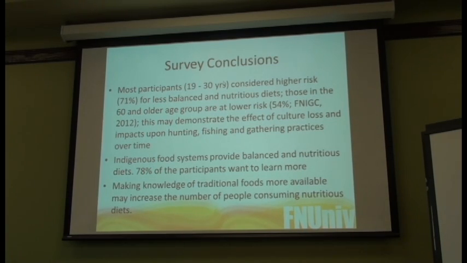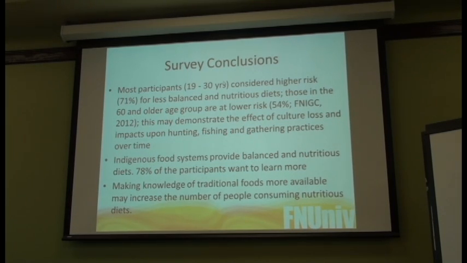Aboriginal elders are at the lowest risk for nutritional deficiencies. This may demonstrate the effect of culture loss on hunting, fishing, gathering practices, and the ingestion of Indigenous foods in the diet. So Indigenous food systems provide balanced and nutritious diets.